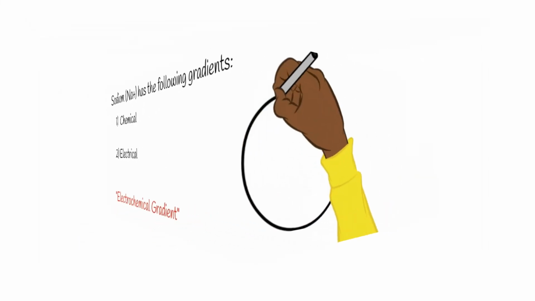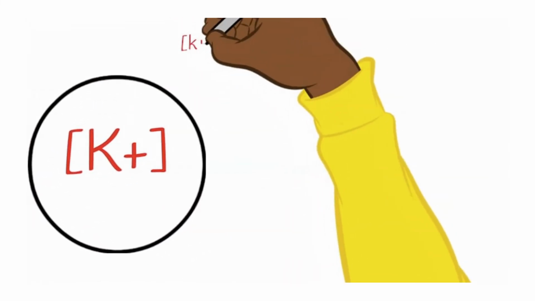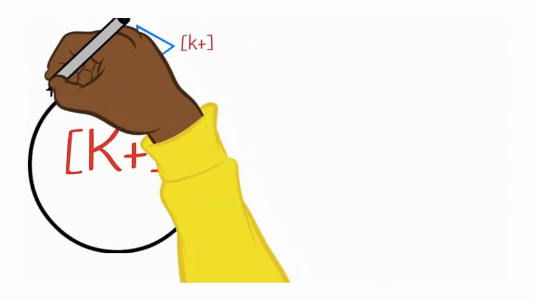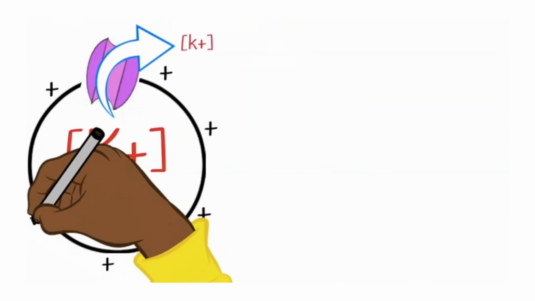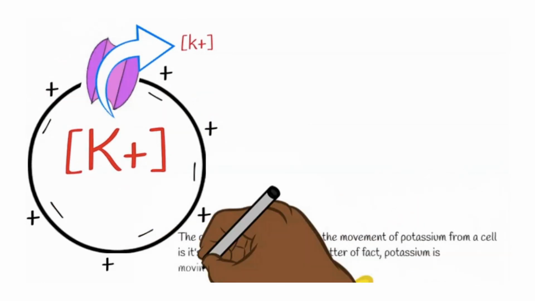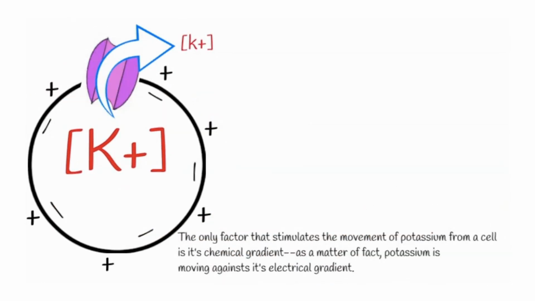Now, what do we think is going to happen with potassium? As I'm drawing this out, this cell has a positive charge on the outside, a negative charge on the inside. Where is potassium's electrical gradient? That is to say, is potassium incentivized to leave a cell based on its electrical gradient?